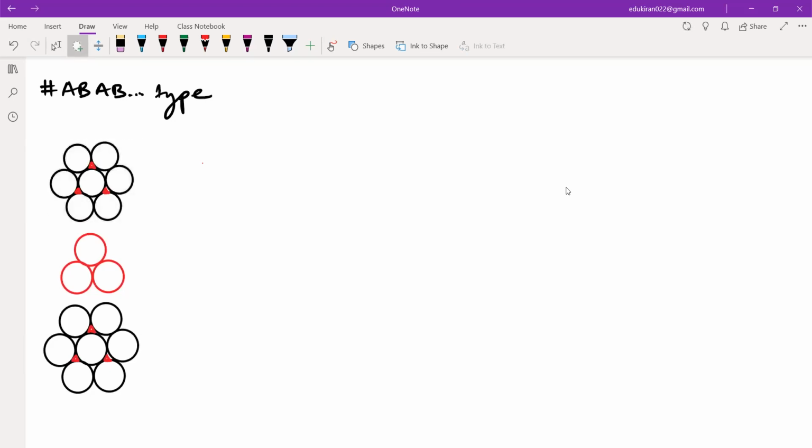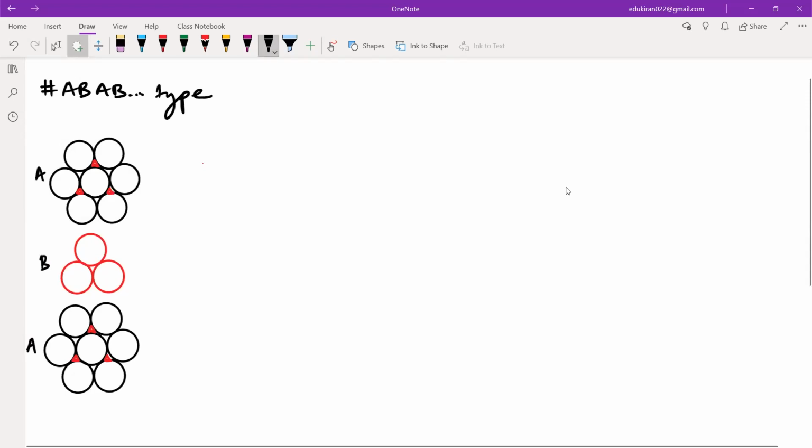So here we have this as the A layer, this as the B layer, and this again as the A layer. Now I will take the midpoints of these atoms and make the unit cell. I'll make the shape of the unit cell, whatever it is going to come. I have an atom here, and there are 2 atoms in the back. There is 1 atom in the front here.